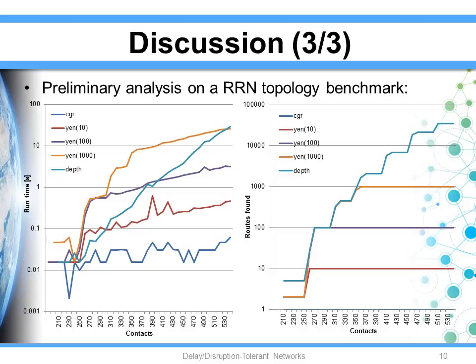The Yen algorithm is also logical because in the beginning it runs several Dijkstra searches and it increases as the contacts increase, so that slope in the beginning is something we could expect. CGR also is reasonable. So in the first place, this is intuitive and it seems to be right. But I think there is some discussion needed ahead.